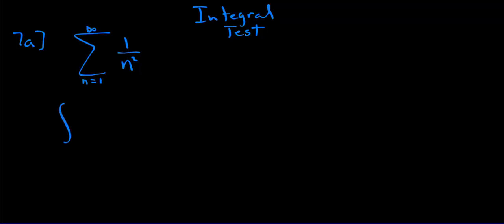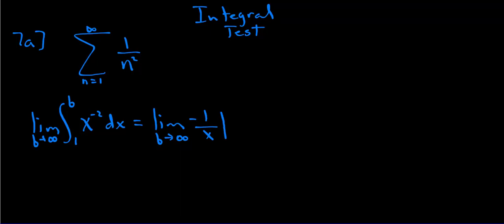What we would do is integrate from 1 to b and take the limit as b goes to infinity. In other words, we look at this improper integral of x to the negative 2. See? Instead of 1 over n squared, I got 1 over x squared. Now, if we go through the process here, we get the limit as b goes to infinity of negative 1 over x, from 1 to b.